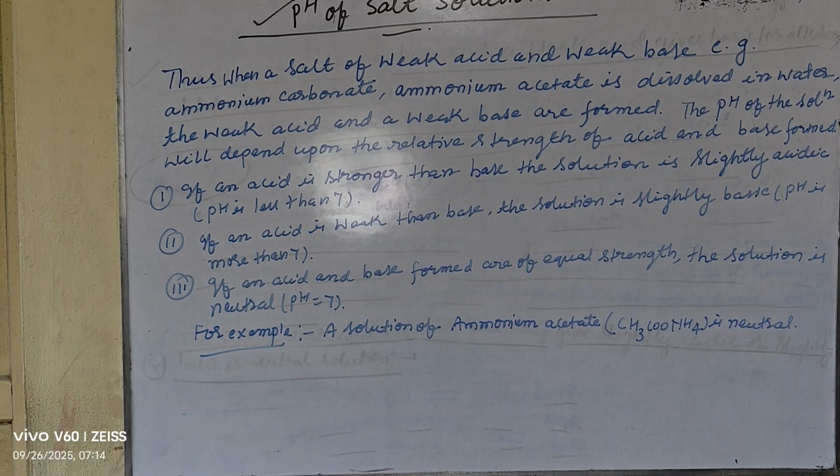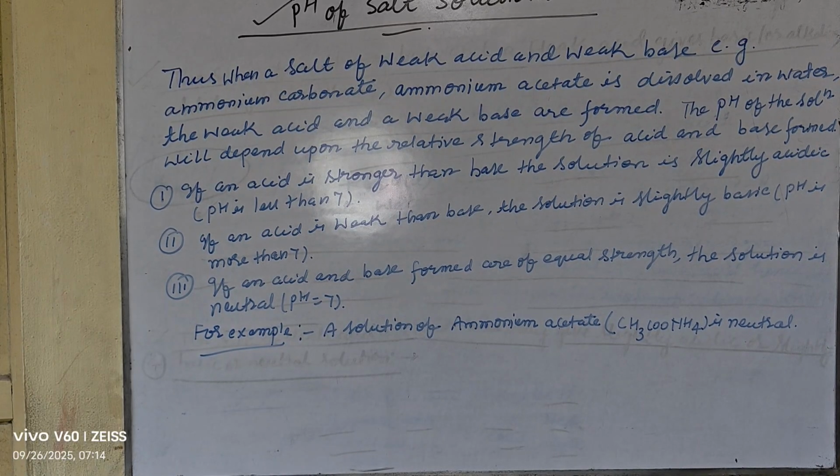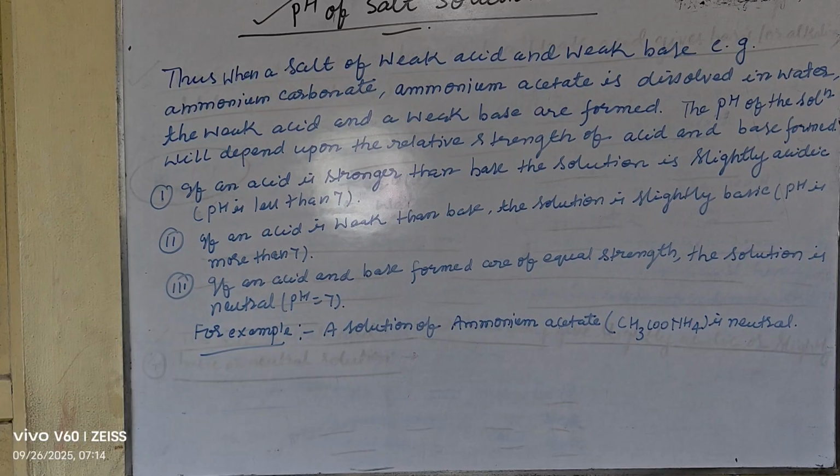So the pH of the salt of weak acid and weak base is slightly acidic or slightly basic or neutral. So it is all about the acids, bases and salts, pH of salt solution.